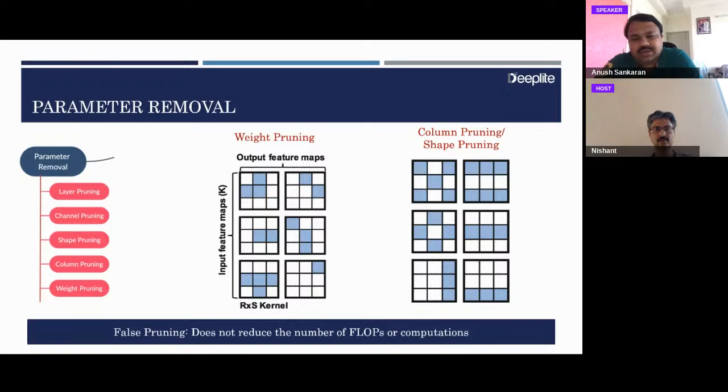The second one is what we call column pruning or shape pruning, where we give a predefined shape or architecture, like a particular column or a row, where we say that this entire column or this entire row or this entire shape is made zeros in all the filters that I have in my model. So in all the filters in my model, make the first column always 0. That is what we call column pruning or shape pruning.